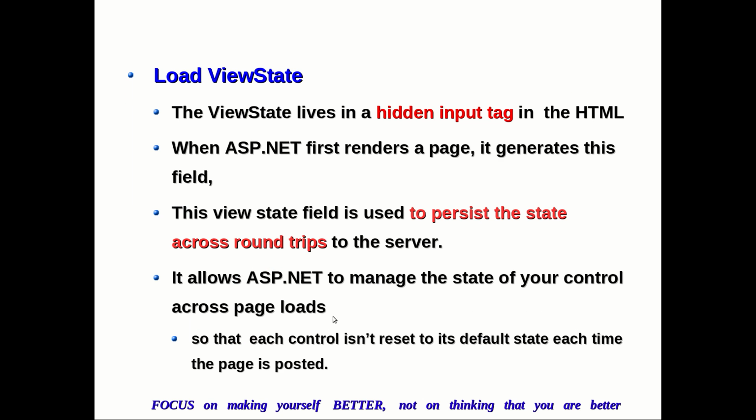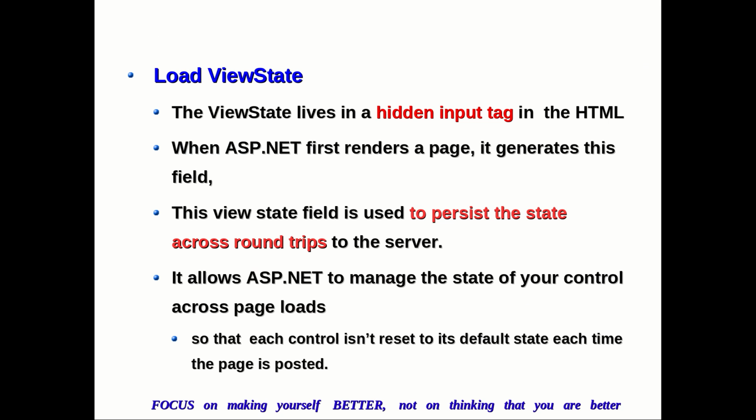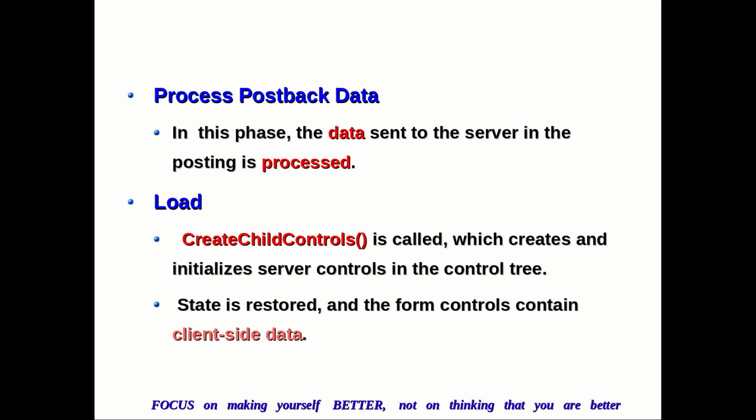So in the web form life cycle, the initialize event will do all the initialization settings. Then all the view state information will be loaded into the server. Then the server will be processing the postback data.